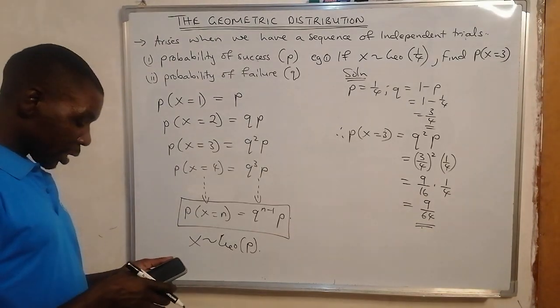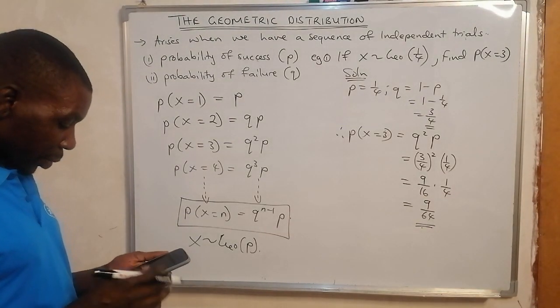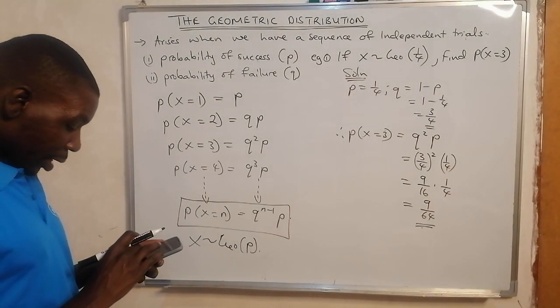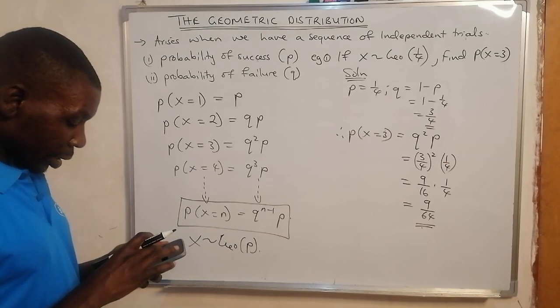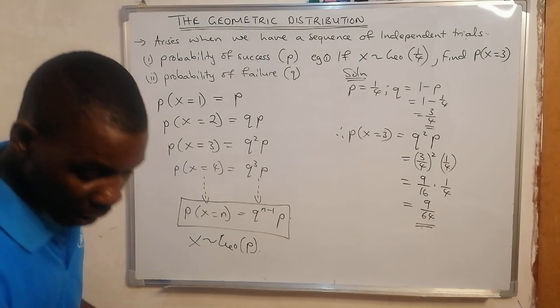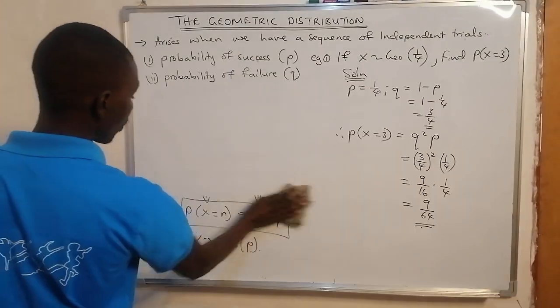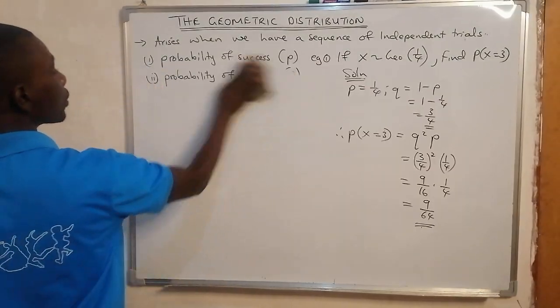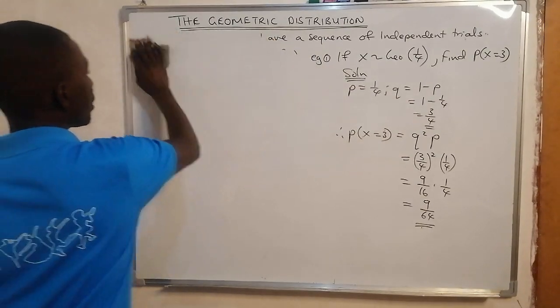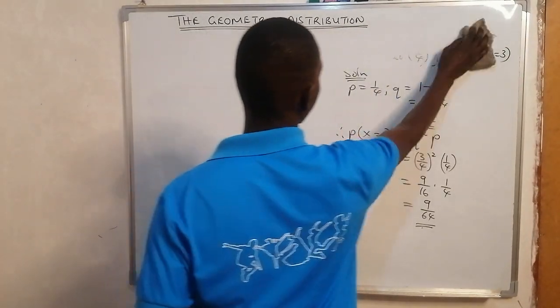So under geometric distribution, we have some important results that we can use. Let me just give you some results that we can use under geometric distribution. Let me quickly write these results.